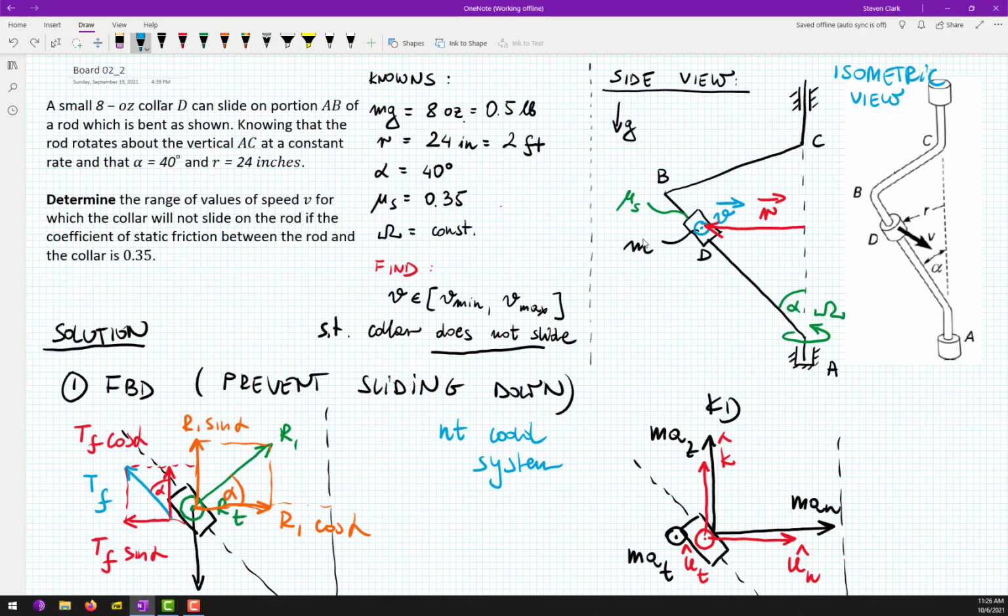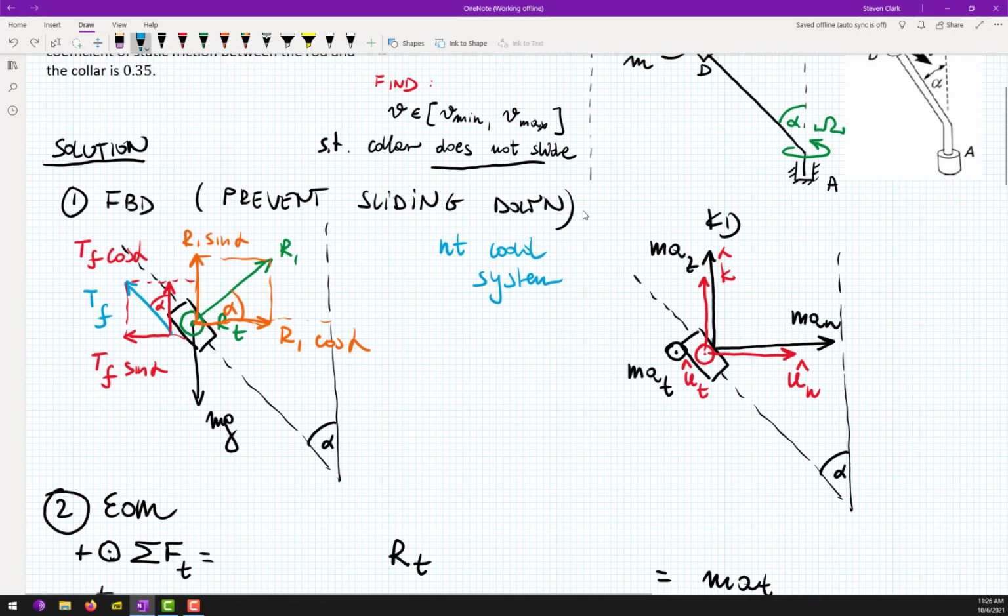Okay, so part number 2 is exactly the same as part number 1 with just one difference. We are going to flip one vector on the FBD and that's all. So I hope, guys, that you are not going to hate me, especially guys with pen and paper. I'm going to copy the drawing.